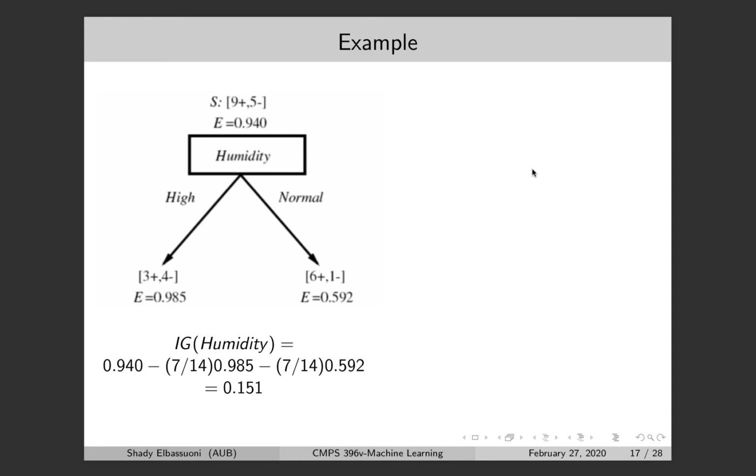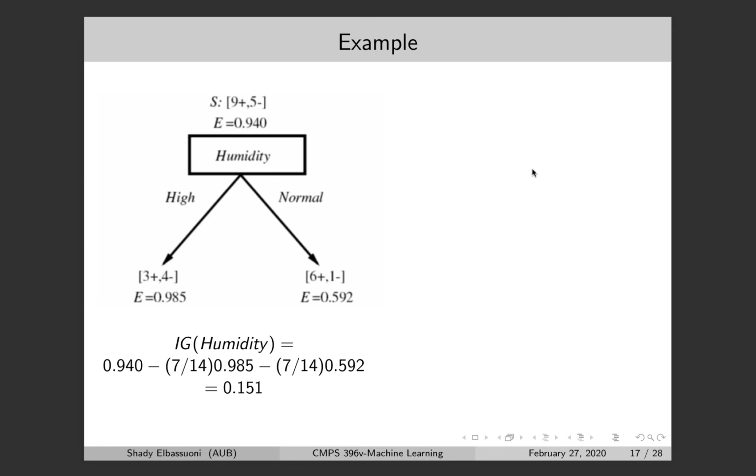So the information gain of humidity would be 0.940 minus 7 over 14. So I have 7 examples when I split using high, divided by a total of 14, times the entropy of high, which is 0.985, minus 7 over 14, and I split on normal, so I have 6 plus and 1 minus, that's 7, divided by a total of 14, times the entropy, which is 0.592, when humidity is normal.